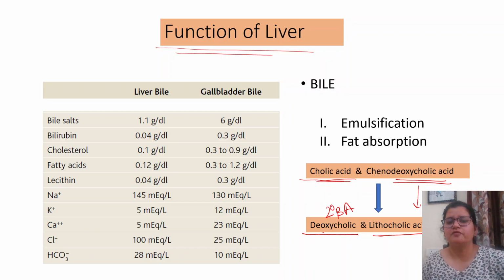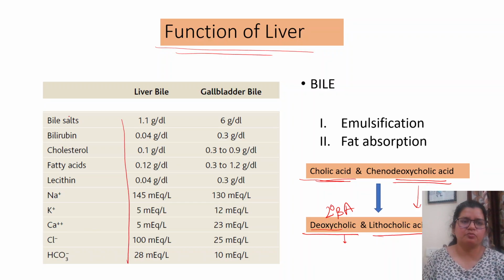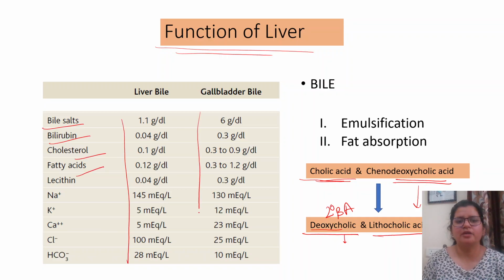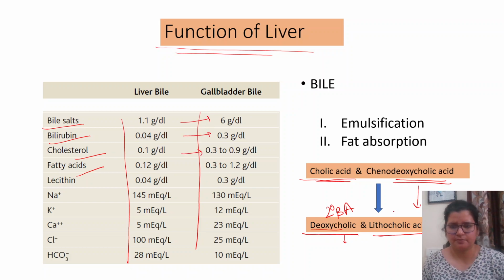They can be converted to bile salts. This is the composition of bile: major bile salts, then bilirubin, cholesterol and fatty acids. And in the gallbladder the concentration of the main ingredients increases.